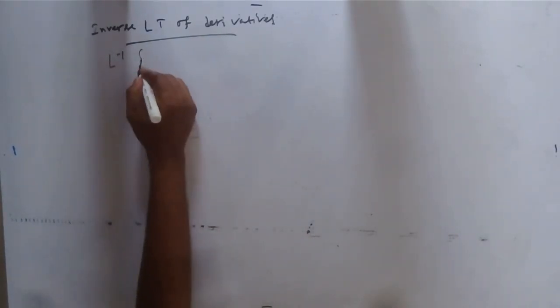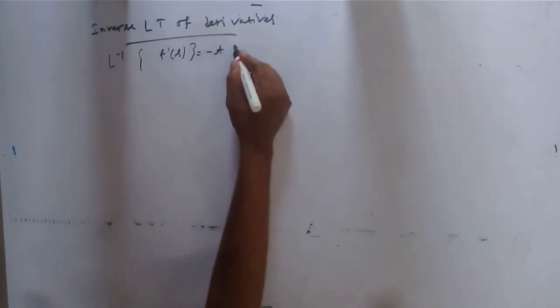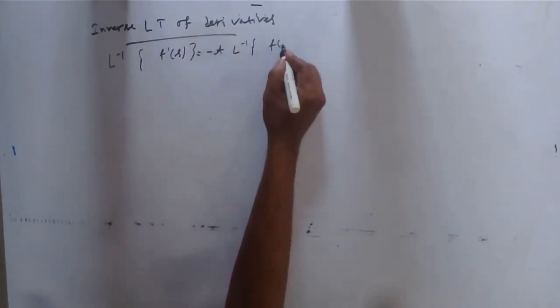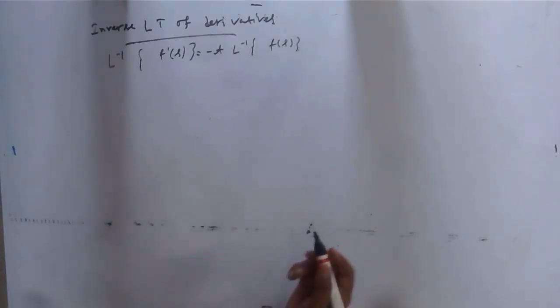So this theorem states that L inverse of F dash is equal to minus t L inverse of F(s). Okay. So let us take an example.